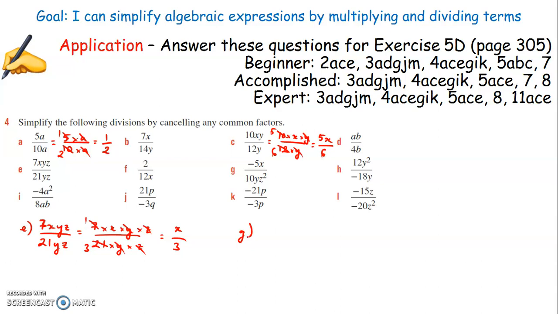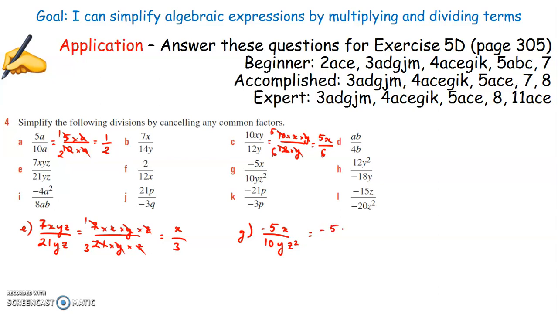For G, we have negative 5x over 10yz squared. Now, for this one, we definitely want to rewrite this.